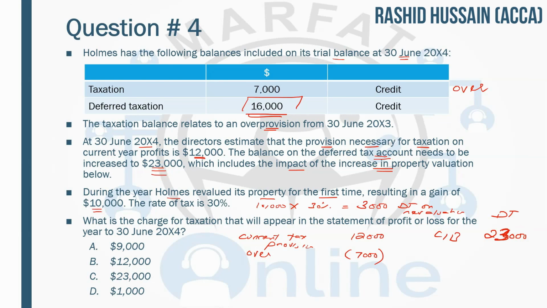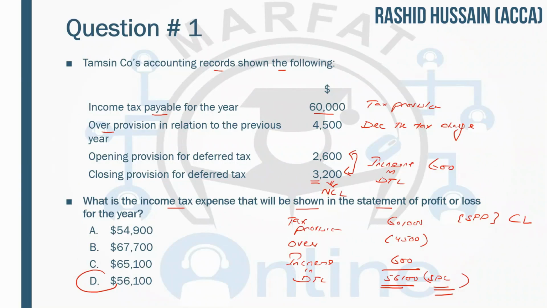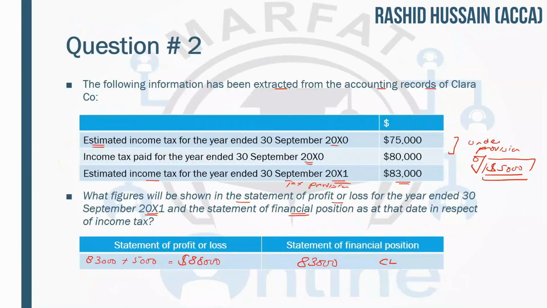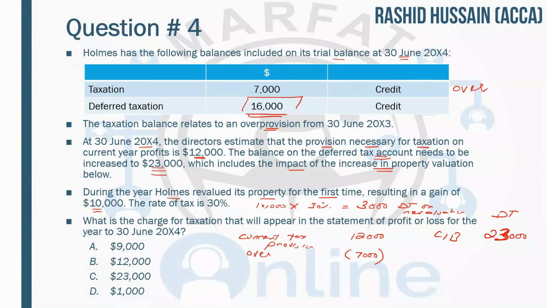So 23,000 is the closing balance, and then we take the revaluation, deferred tax on revaluation. So the deferred tax on the revaluation is 3,000, and the opening deferred tax is 16,000.